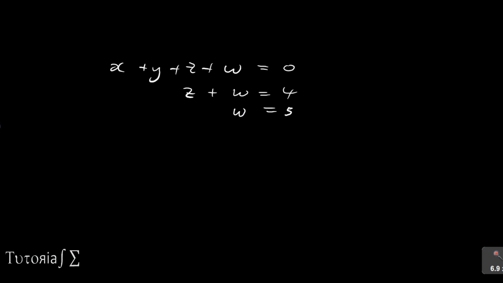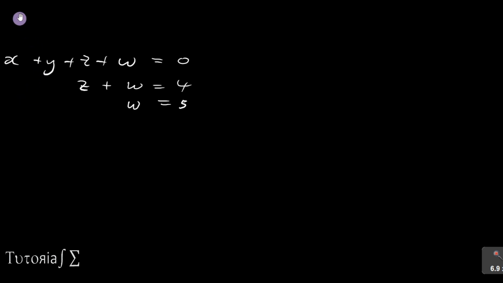First of all, you need to make sure they are arranged well and so on. Then you convert them into a block matrix. For the first one, we get the coefficients: x has coefficient 1, y has coefficient 1, z has coefficient 1, w has coefficient 1. So 1, 1, 1, 1, then blocked with 0 here.